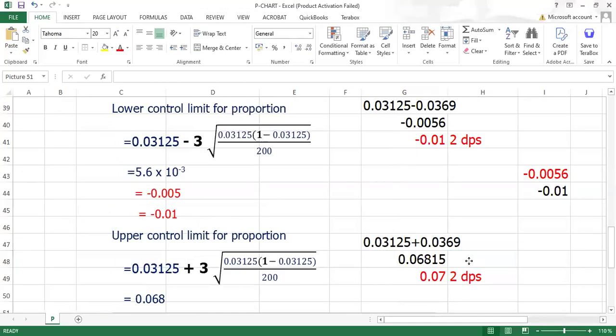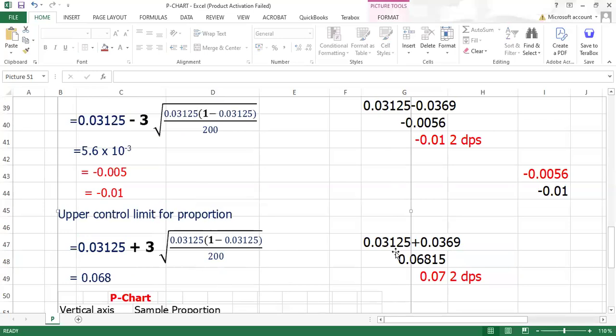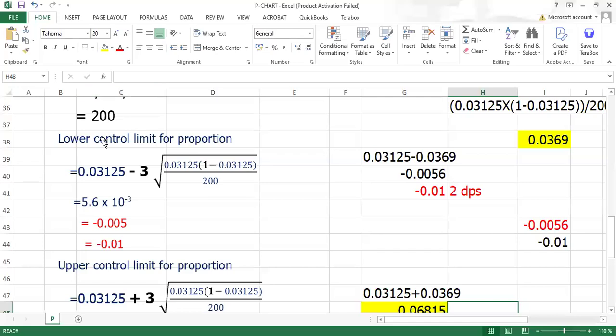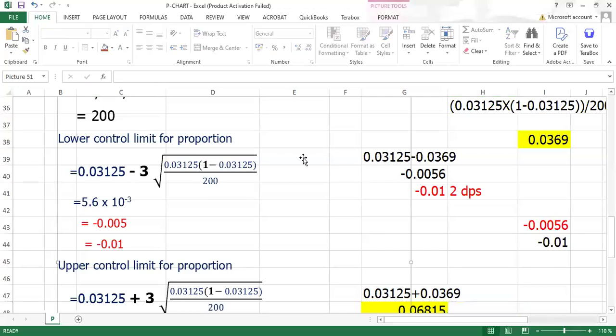So you use your calculator to see whether you're getting this. I'm getting 0.06815, 0.07. And you see, if you're doing this, it should be even better.